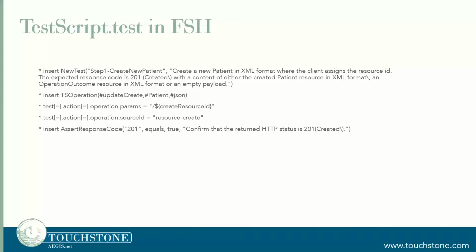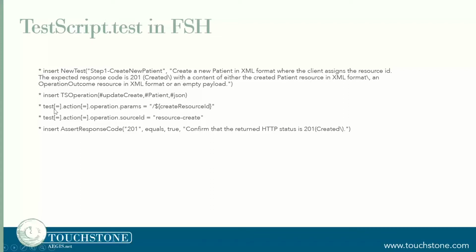And so for this particular test script, one of those test elements in FHIR shorthand can be defined with these 5 lines. We instantiate a new test, we give it a title and a description. We add an operation where we say that it's an update create operation. It is hitting the patient resource, and it is a JSON operation.